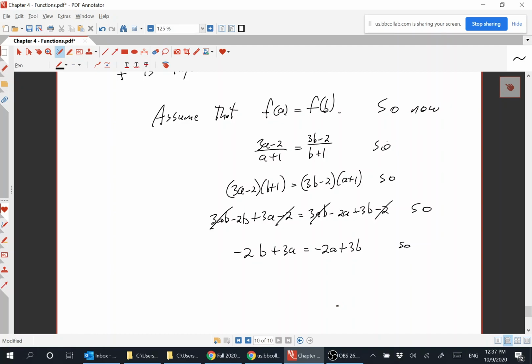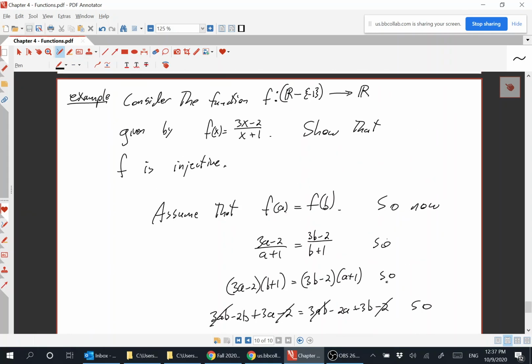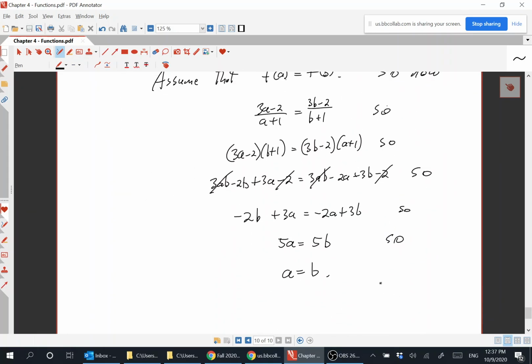Right? Add 2a to each side and 2b to each side. Right? And we get 5a equals 5b. So a is equal to b. I'm just doing algebra there. No explanations are necessary, other than just using the rules of ordinary algebra of real numbers.